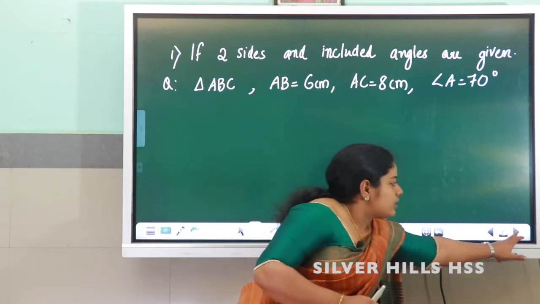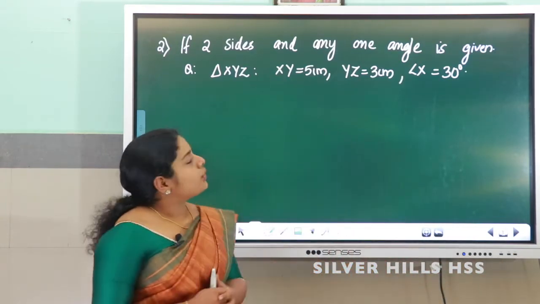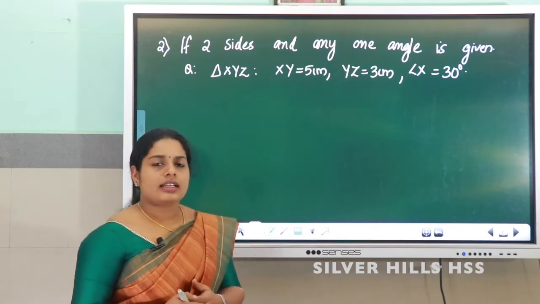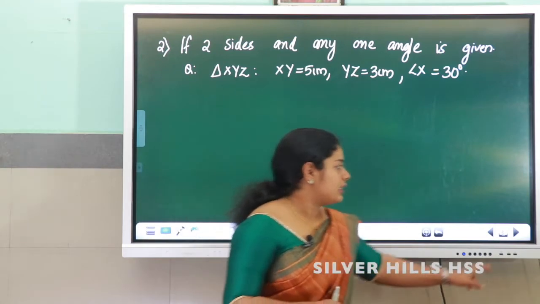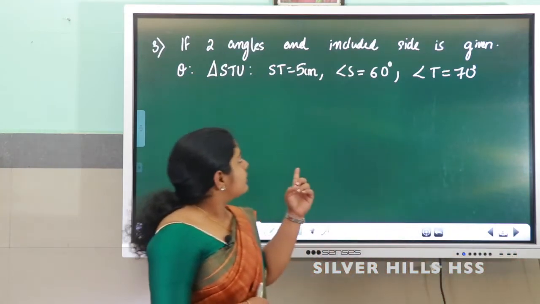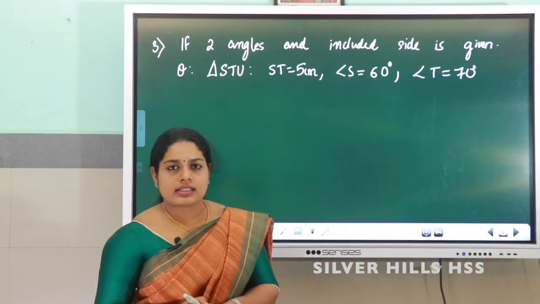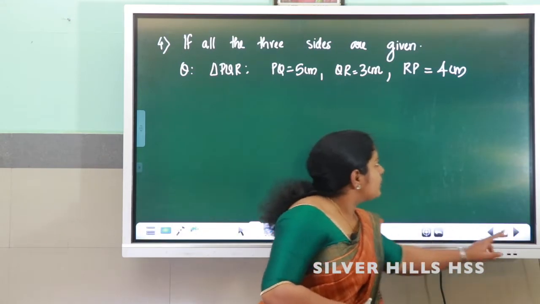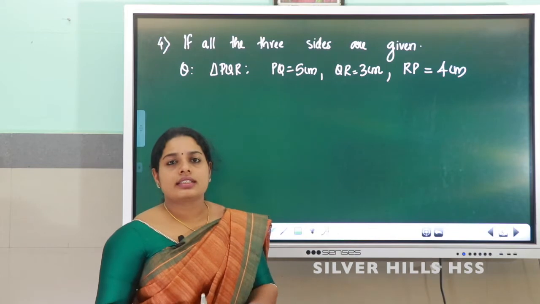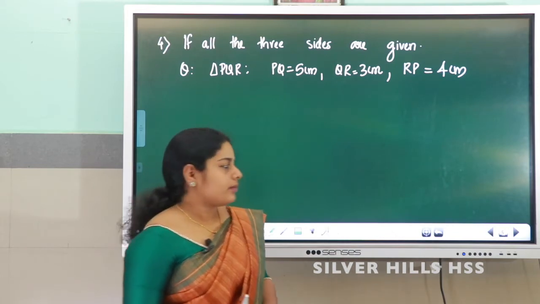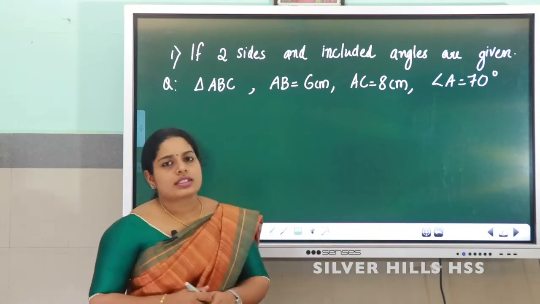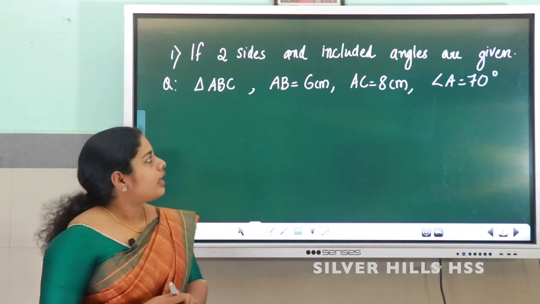The second one is, if two sides and any one angle are given. The third one is, if two angles and the included side are given. And the last one is, if all three sides are given. So we are going to start with the first one, if two sides and the included angle are given.